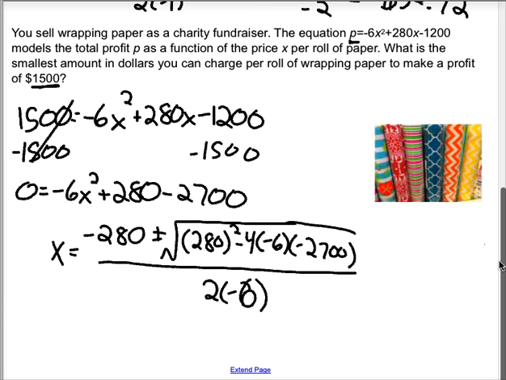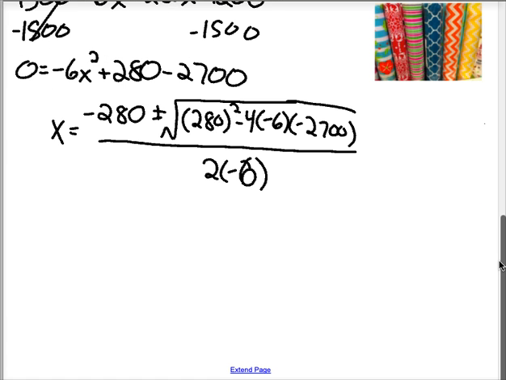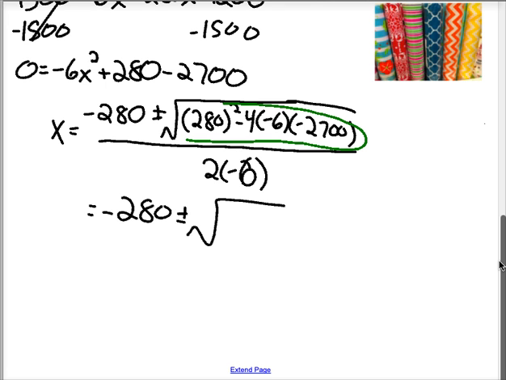All right, so that's going to be a beast to type into the calculator, but we can do it. So we have negative 280 plus or minus. Now remember, this part right here, this is what I want to put in my calculator first. That's what I want to simplify.